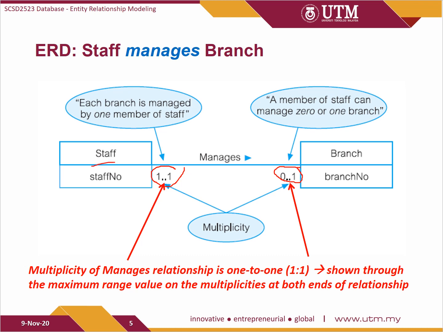The multiplicity of the Manages relationship is one-to-one, shown through the maximum range value on the multiplicity at both ends of the relationship. And you can refer to both here.